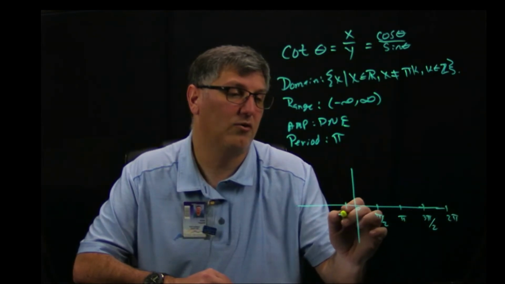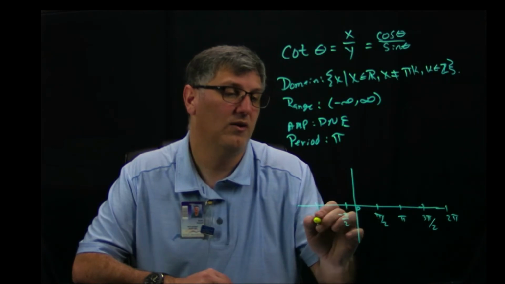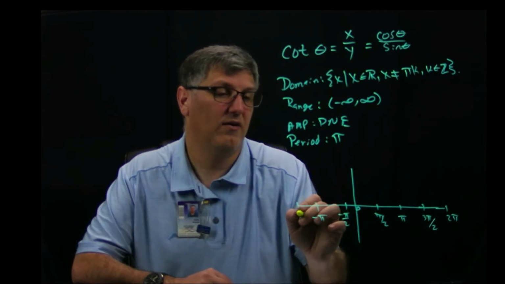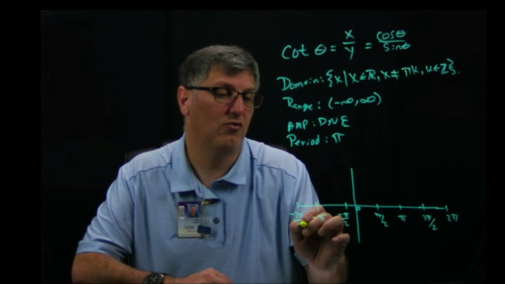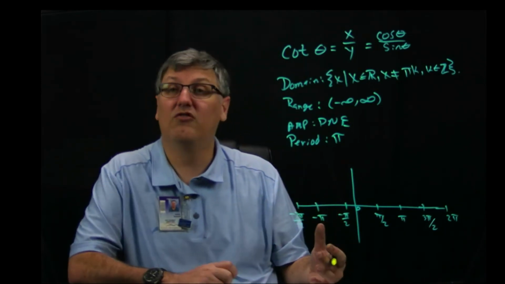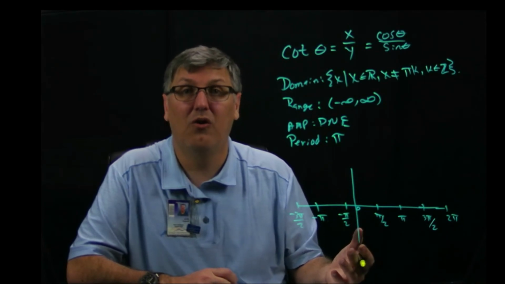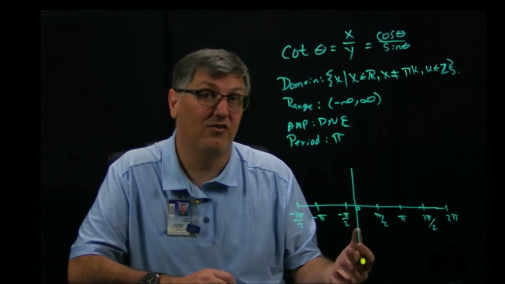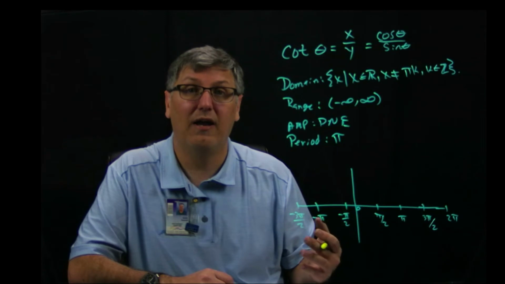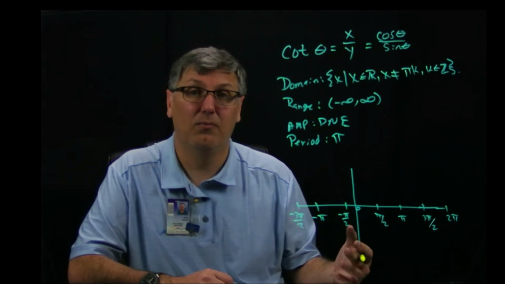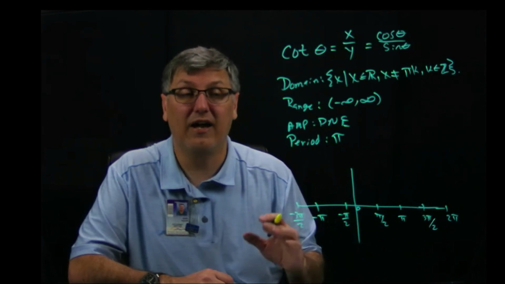Let's go backwards, negative pi over 2, negative pi, negative 3 pi over 2. This will work. Now, to graph this, you just need to know where sine is 0. Well, sine is 0 on my x-axis, which means it's at 0 and at pi, and at 2 pi, and at 3 pi, and at negative pi.